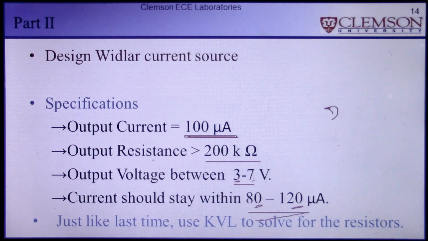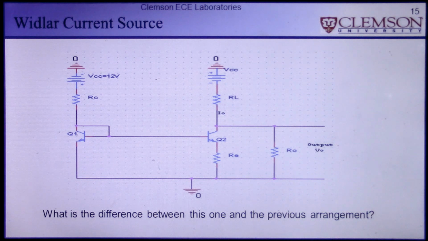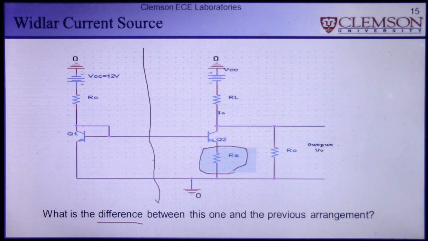So just like last time, we can use KVL to solve for the resistors. So this is how it looks. And what is the difference between this one and the previous arrangement? If we think left side, right side, they almost look the same, but there is a difference here. You have that extra RE, an extra resistance which is attached to your emitter.